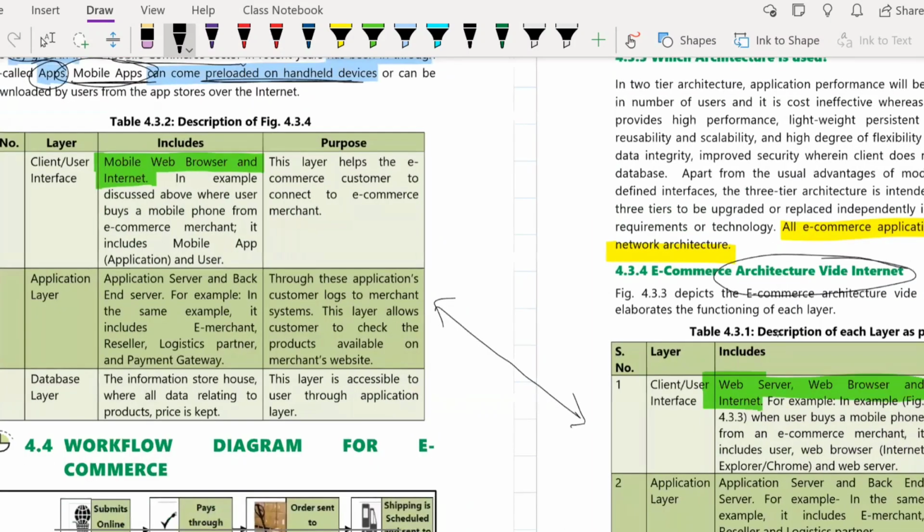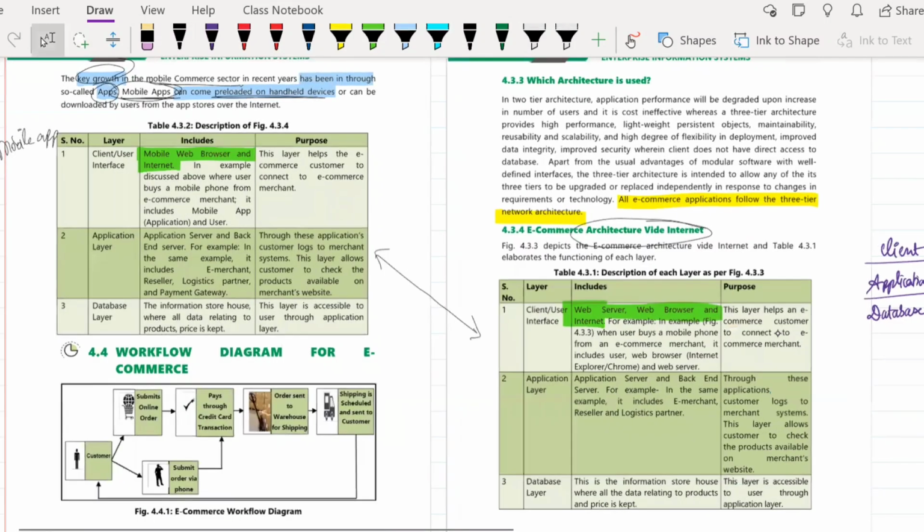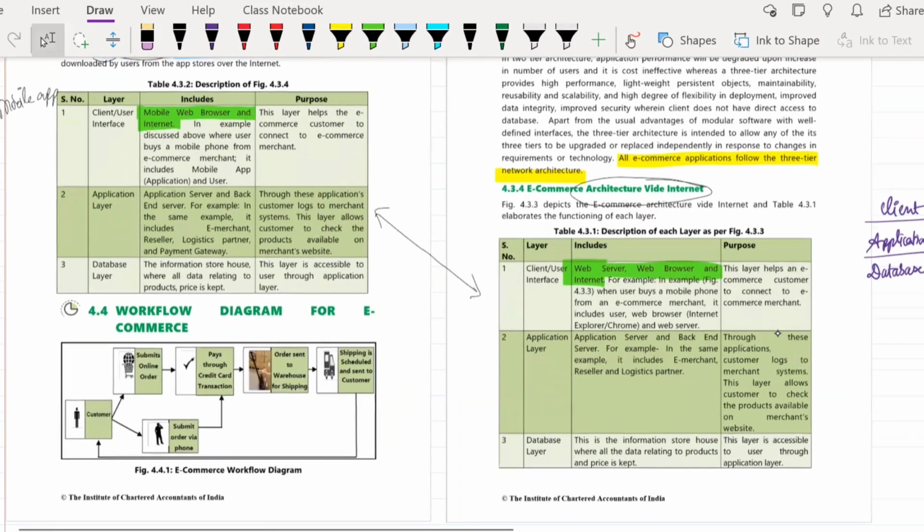Now here we are talking about what is the difference between m-commerce and e-commerce. On the basis of architecture, e-commerce architecture and m-commerce architecture, there are only two differences.